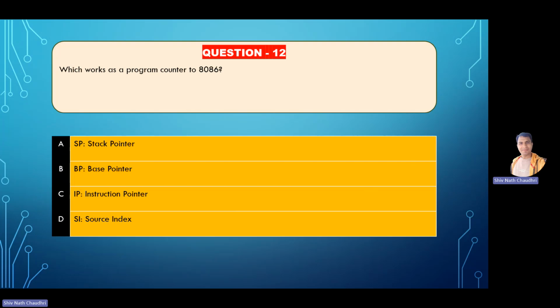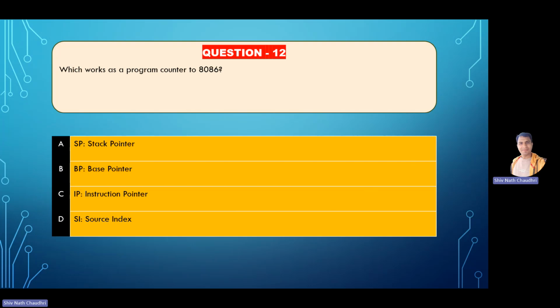Let's see: stack pointer, base pointer, instruction pointer, and source index. For this question, stack pointer is not used for the program counter purpose. Instruction pointer holds the address of the next instruction to be executed, and this is the same function as the program counter in 8085.